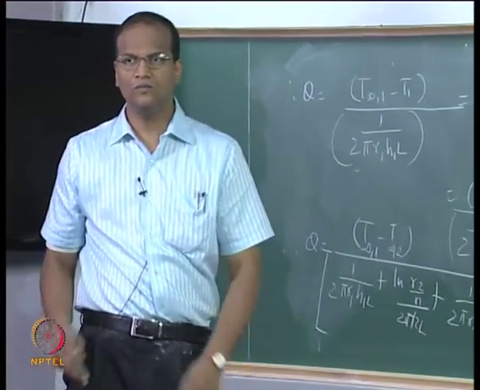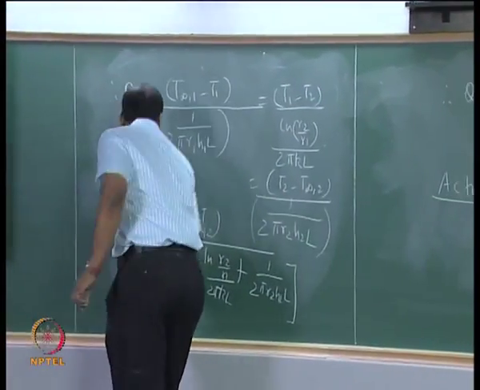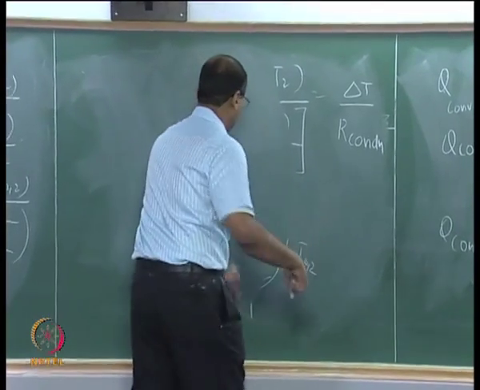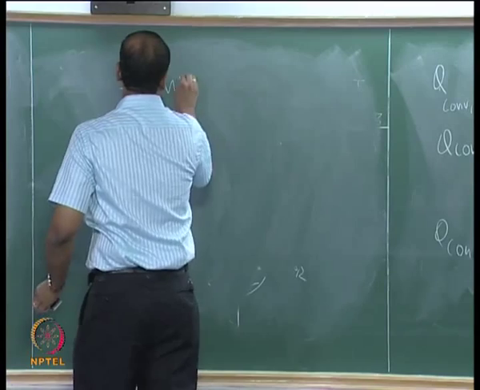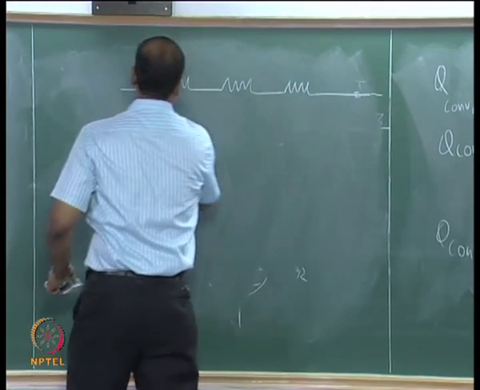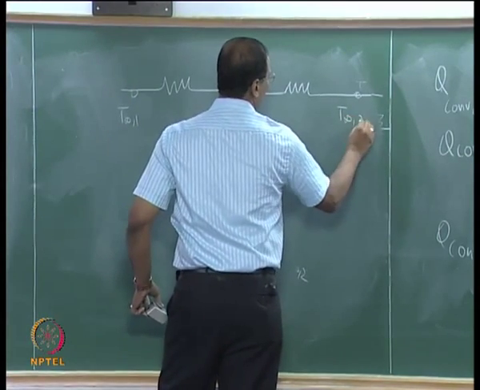Using the concept of electrical analogy, we can say you have the potential difference T infinity 1 to T infinity 2.